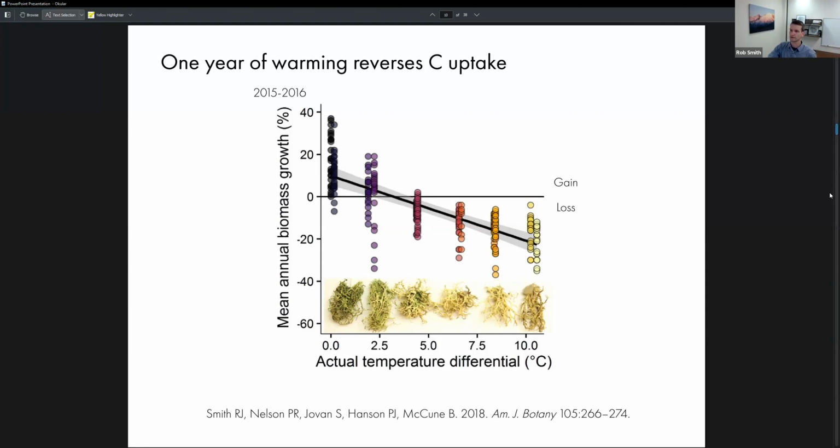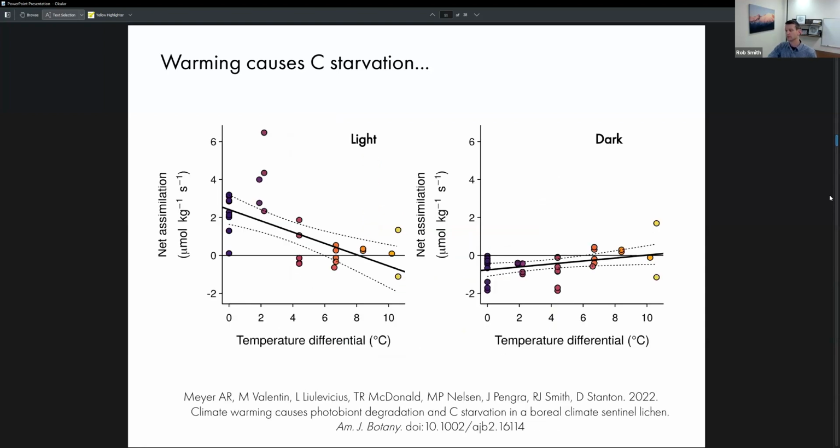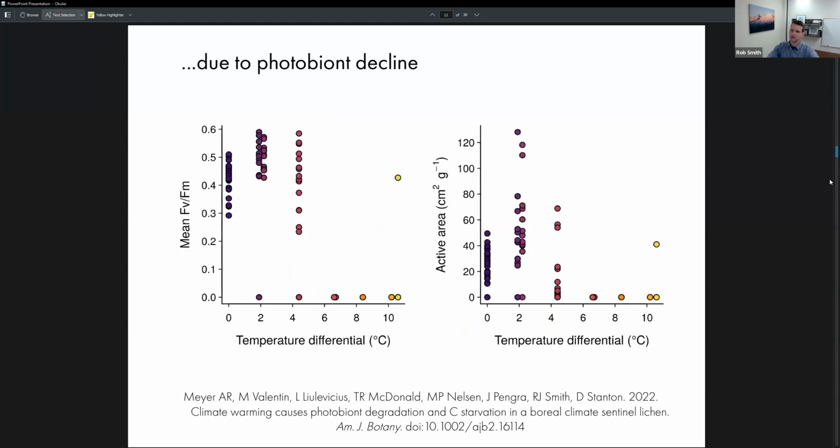With some partners at University of Minnesota doing the ecophysiological measurements here, that's effectively due to the inability to maintain a positive carbon balance as warming is applied. So as you grow beyond ambient conditions, the lichens can no longer maintain positive carbon balance because their photobionts are dying out. That's evident just in that eyeball test where the healthy green color fades away.